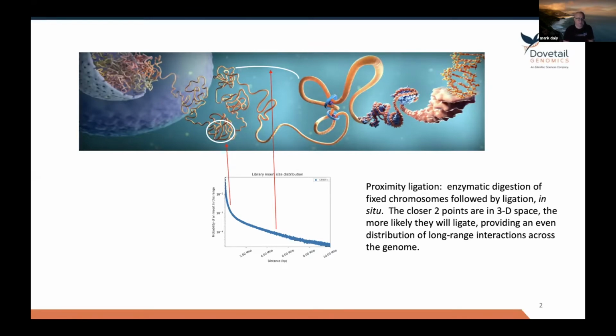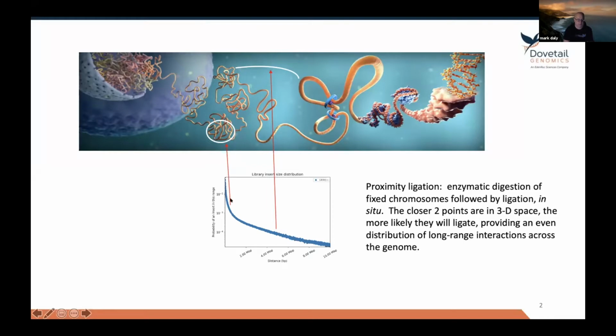The circle I've drawn there shows points on the chromosome in 3D space that are very close together, and those have a much higher probability of ligating than the line I've drawn at the top, which shows 2 points in 3D space that are much farther away from each other and are less likely to ligate.